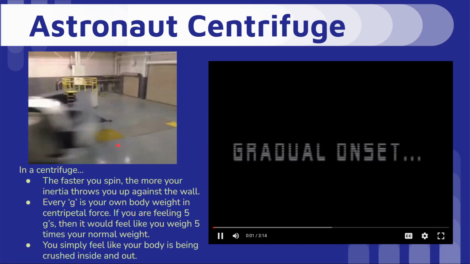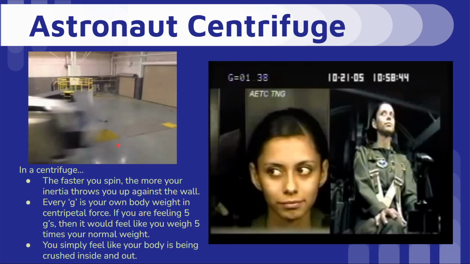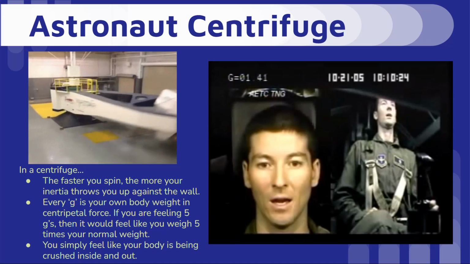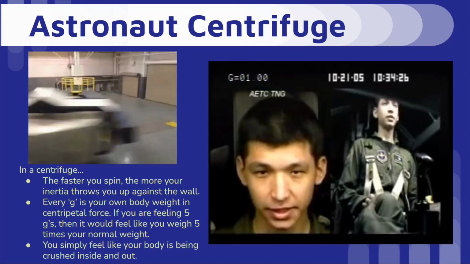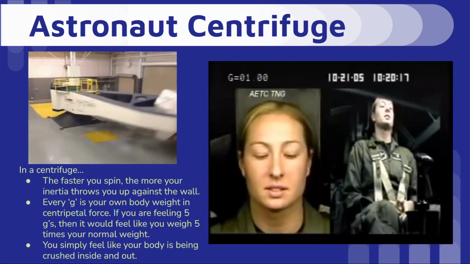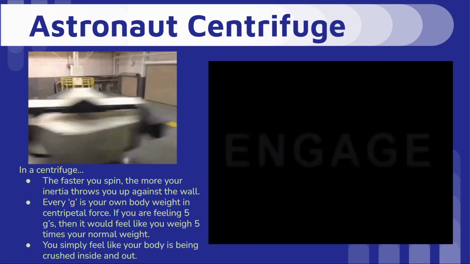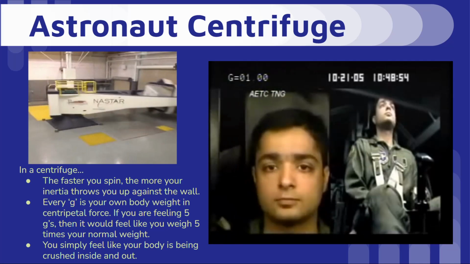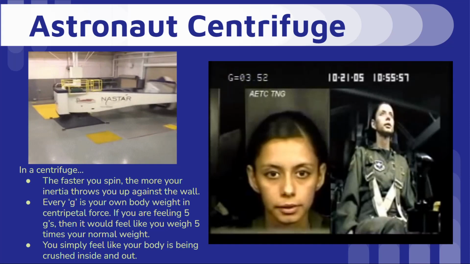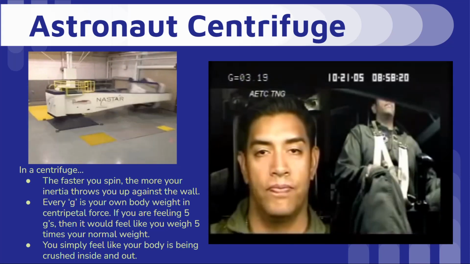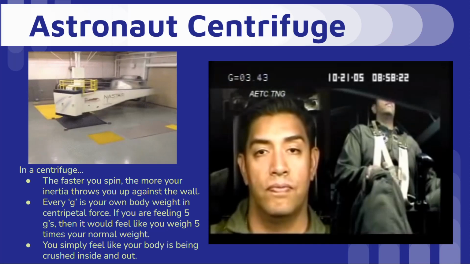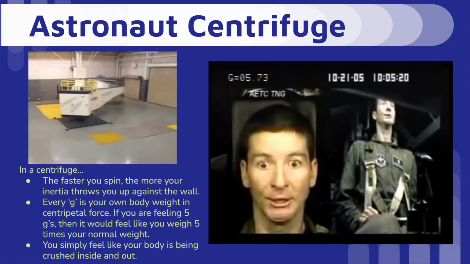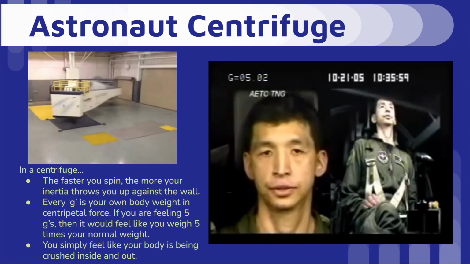All right, your first ride is going to be that gradual onset ride to a maximum of 7 Gs. Are you ready? Yeah, ready. I'm ready. Sure. Are you ready? Yes. Yes, sir. I'm ready. 3, 2, 1, engage. So you can see the forces they feel in this motion. If you lose all the green, tell me now and start that lower body straight, okay? Okay. Squeeze those legs nice and tight. 1, 2, 3. You're looking real good. Squeeze everything nice and tight. I'm moving it.